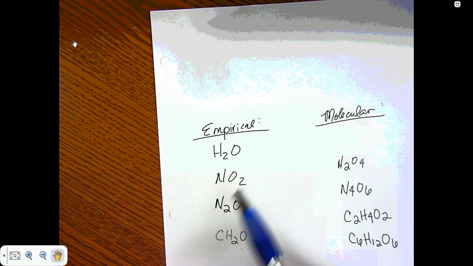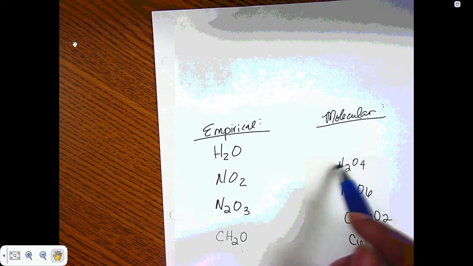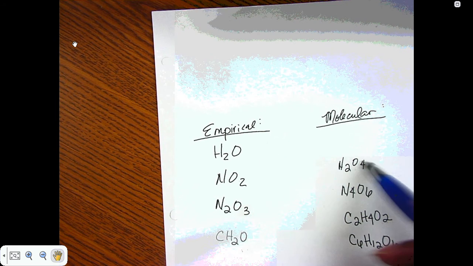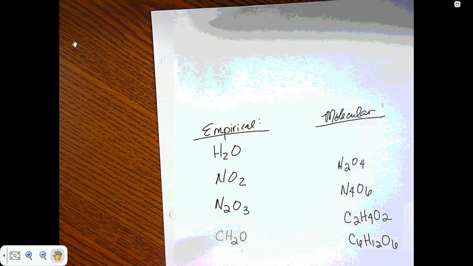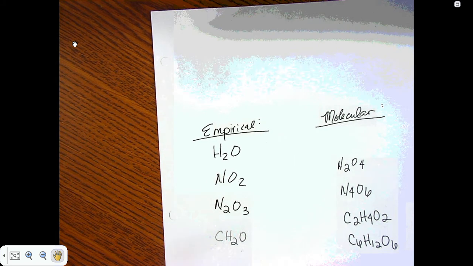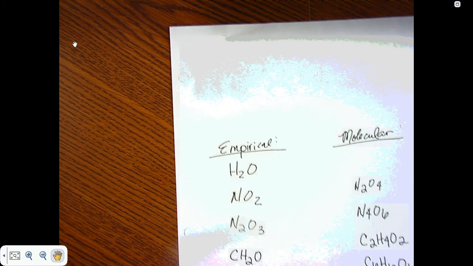These are different by a factor of 2. So if you divided this by 2 and this by 2, this is what you'd end up with for the empirical formula. And as you can see, it can be simplified no further than that as far as whole numbers are concerned. And so that's characteristic of empirical formulas.